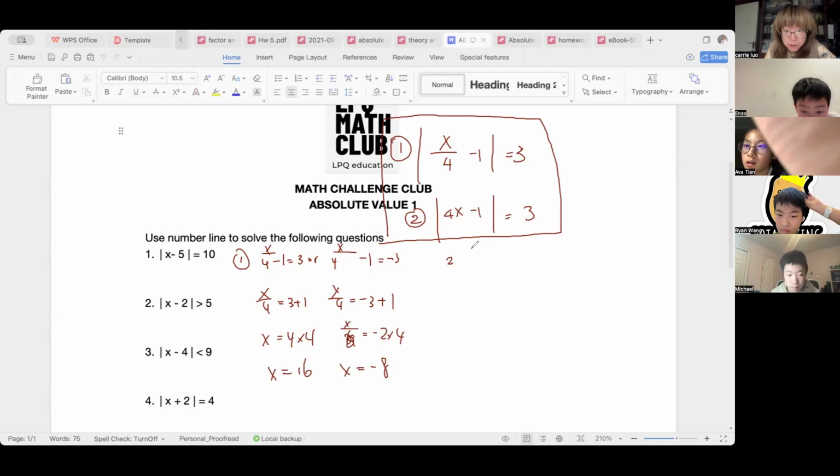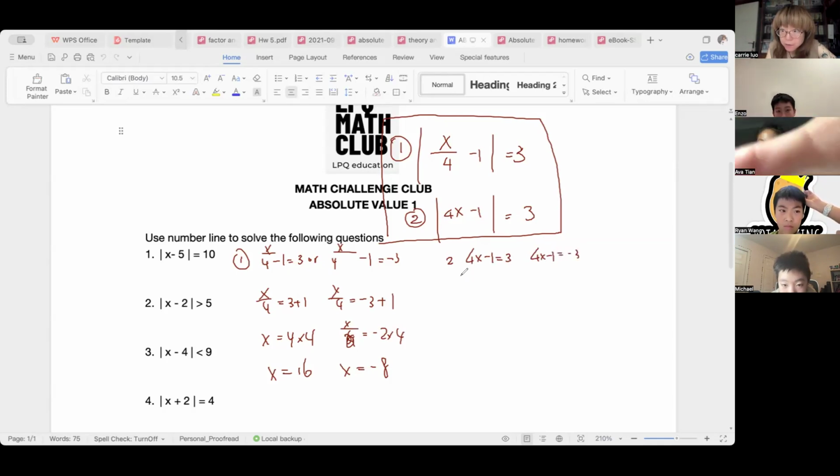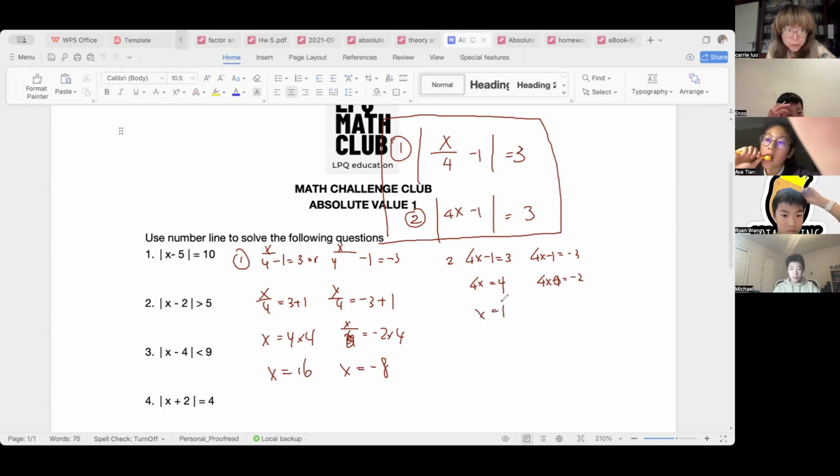Good, number 2. So 4x minus 1 equals 3, or 4x minus 1 equals negative 3. Correct, Ava? Ryan, Michael, Enzo? Okay, so 4x equals 4, and 4x equals negative 2. So for this one, x equals 1. Good job. Ava, you got it right? And x equals negative 2 over 4.